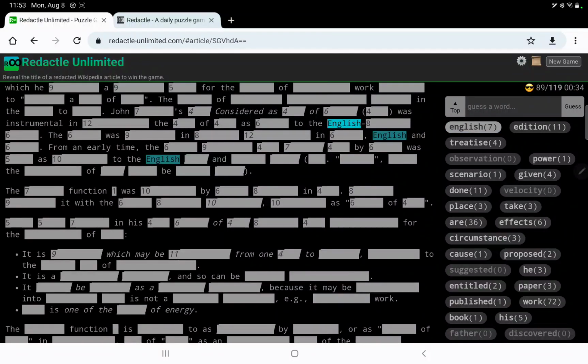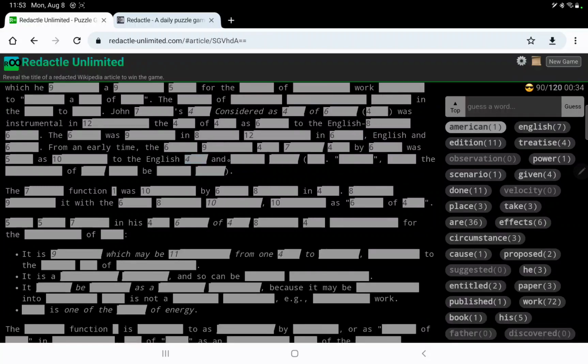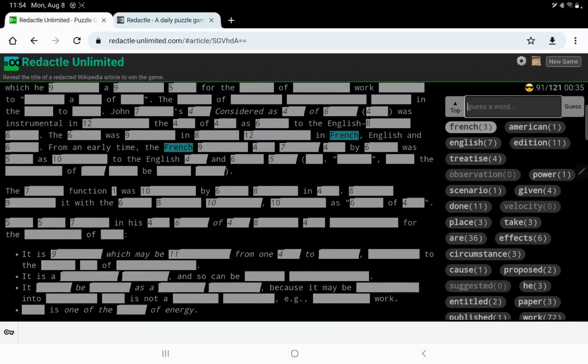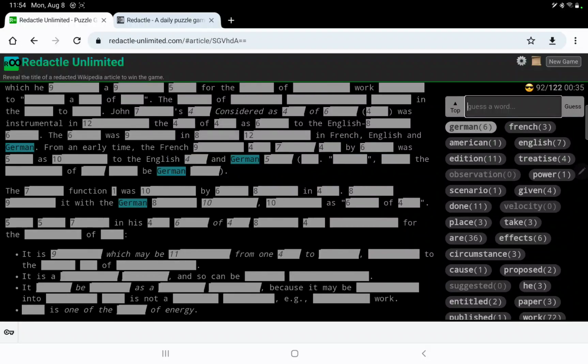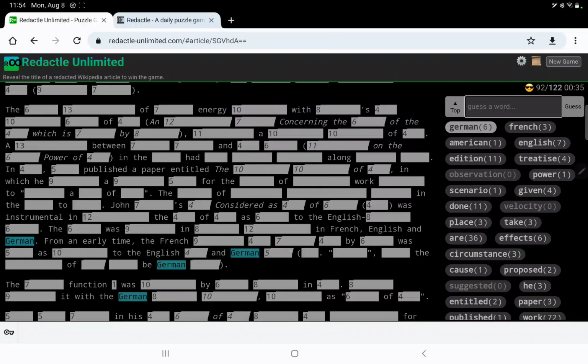Has something to the English dash American. No, English dash something 6. Was 5 as 10 to the English 4, and maybe the French. We do have French. How about German? Yes, and German 5. So here we're talking about the etymology, I presume.